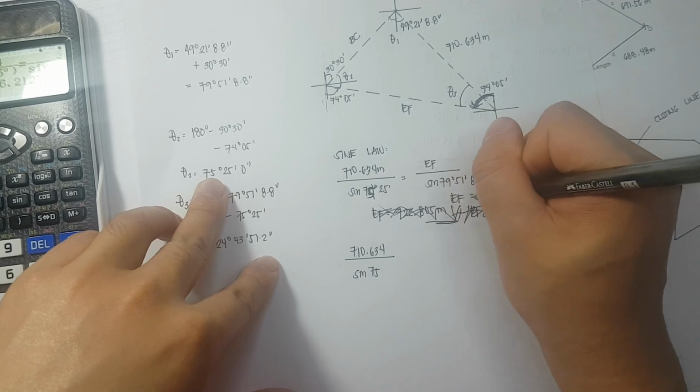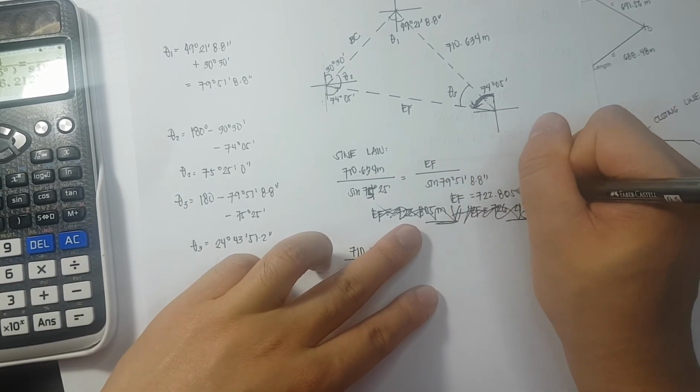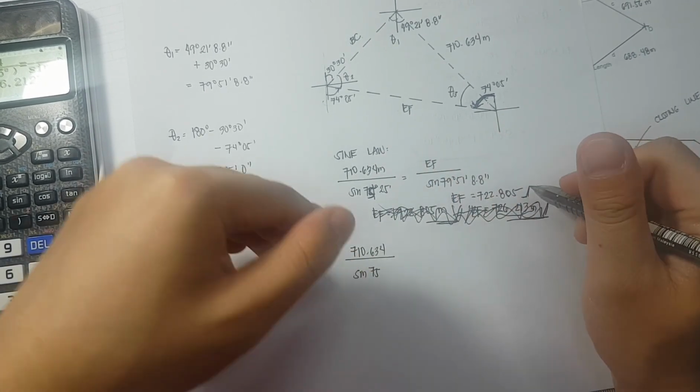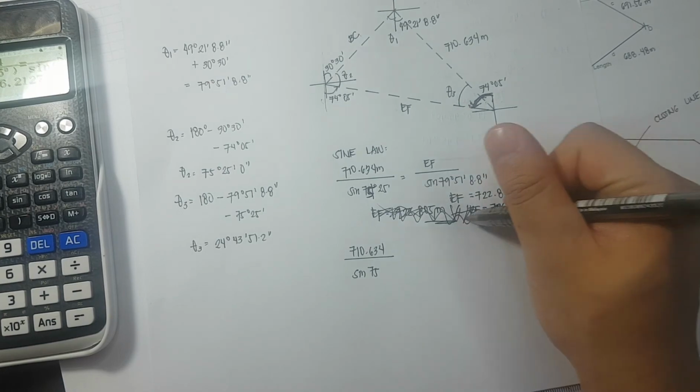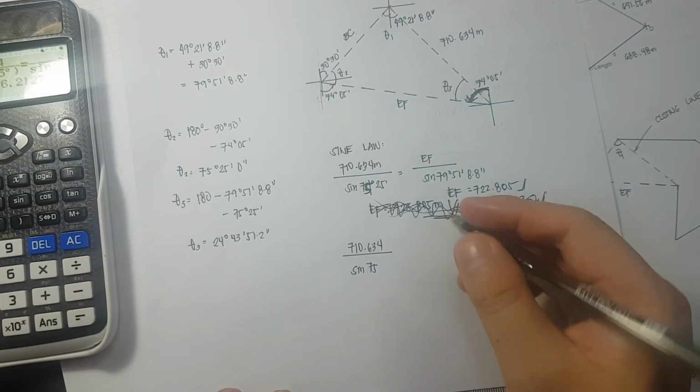Therefore, EF is equivalent to 722.805. Okay? So it pays to have a proper solution.